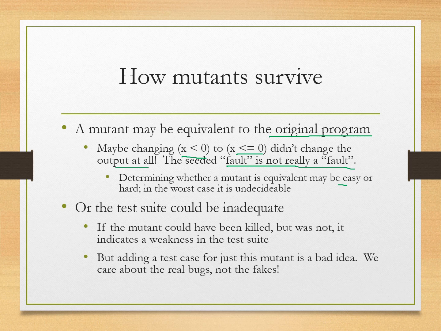In the worst case, it is undecidable. Or the test suite could be inadequate. If the mutant could have been killed but was not, it indicates a weakness in the test suite. But adding a test case for just the mutant is a bad idea. We care about the real bugs, not the fakes.